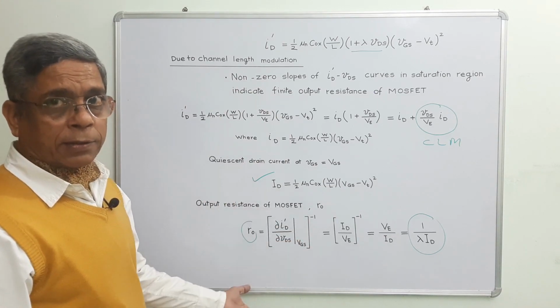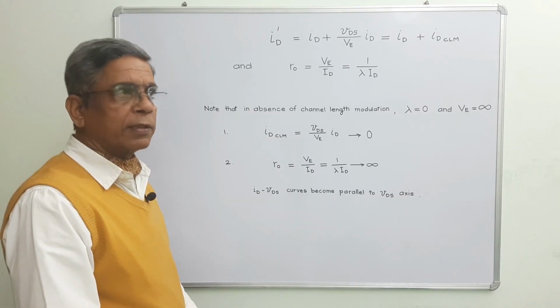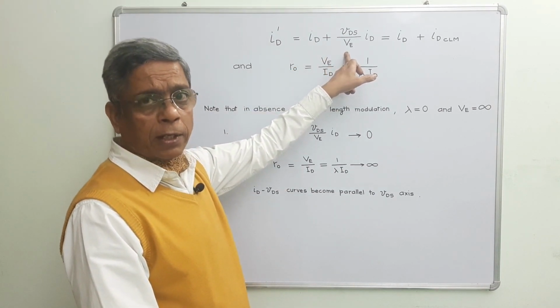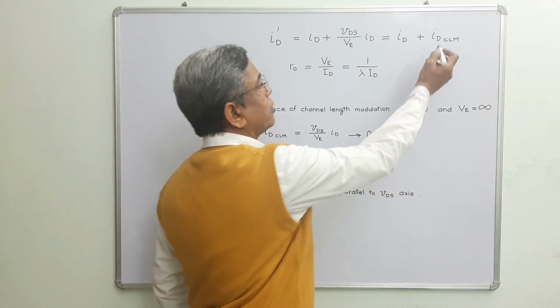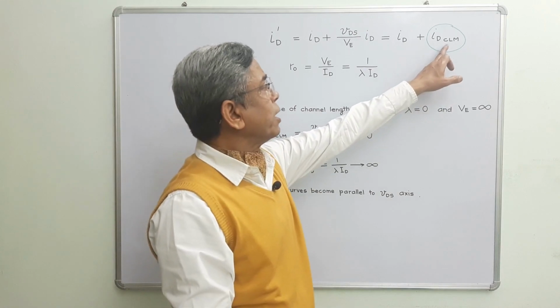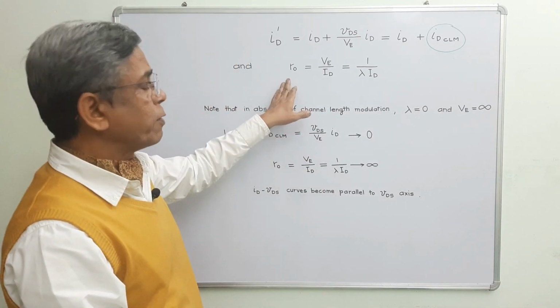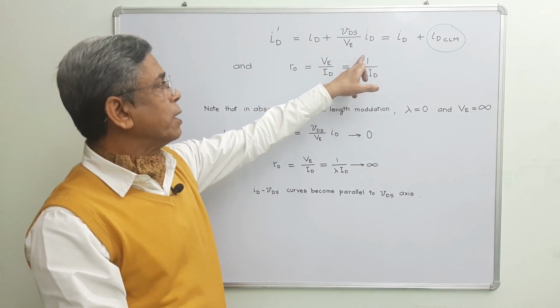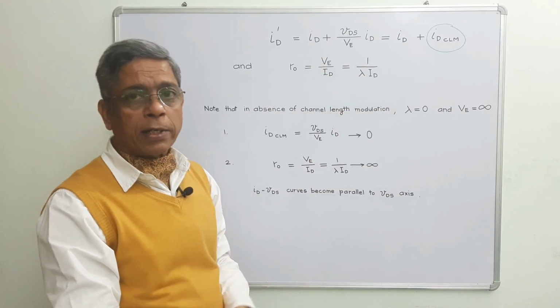Let us conclude this chapter. This is a modified expression for drain current, which includes the effect of channel length modulation, and this part of the drain current is because of channel length modulation. This is the expression for output resistance of the MOSFET in terms of VE and ID, and in terms of lambda and ID.